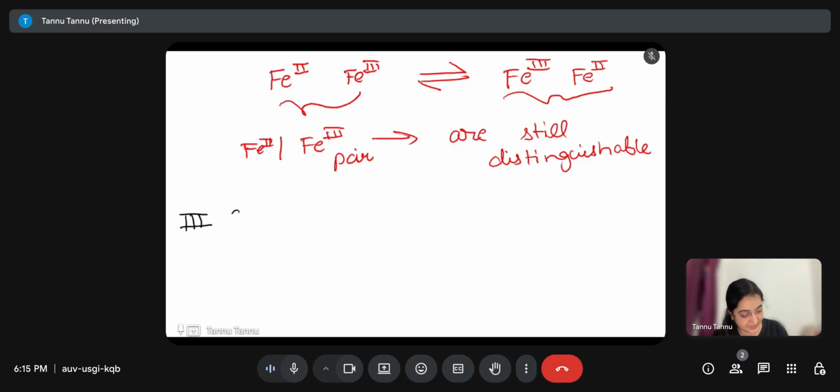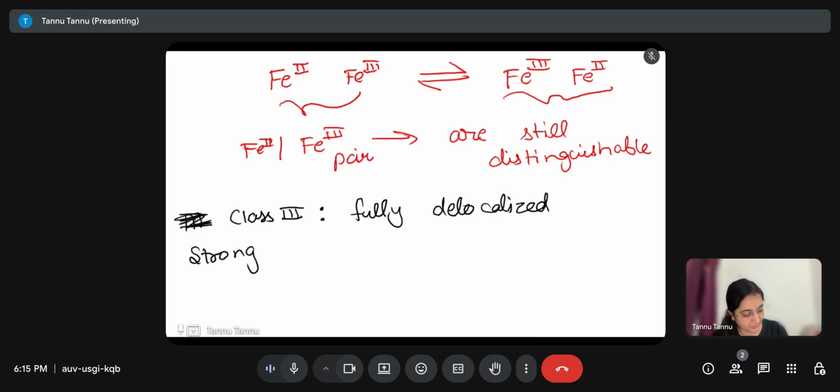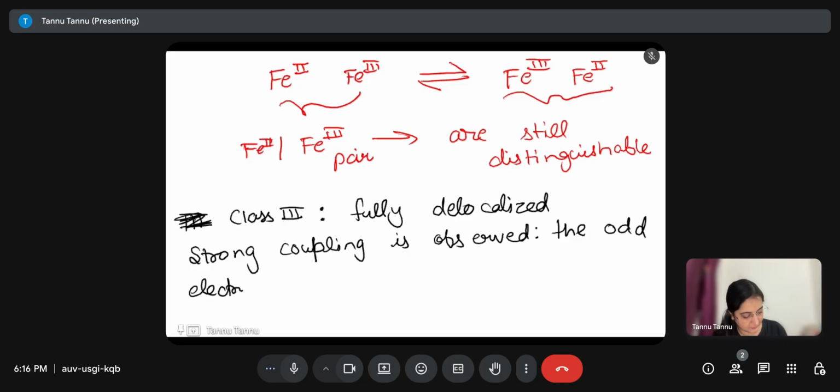Third is class 3, which is fully delocalized. In these complexes, strong coupling is observed. The odd electron is delocalized.